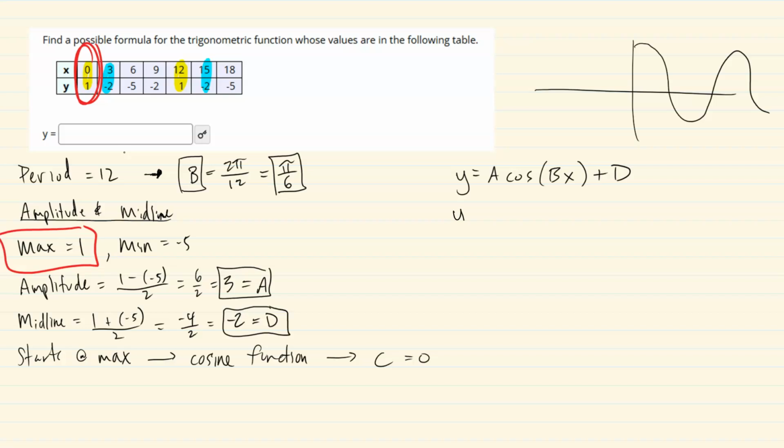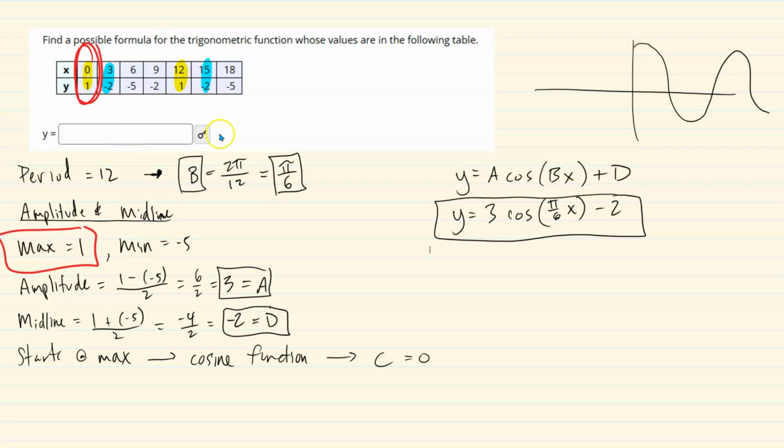And so this would be y equals, and what we found already, 3 cosine of pi over 6 x, minus 2. And that is it. We found our function that models the set of data that was given to us in the table.